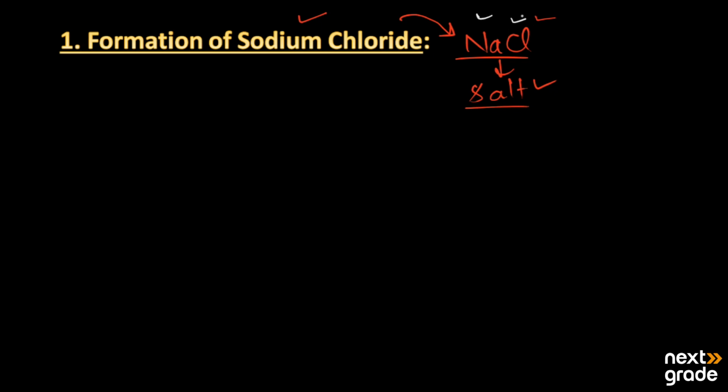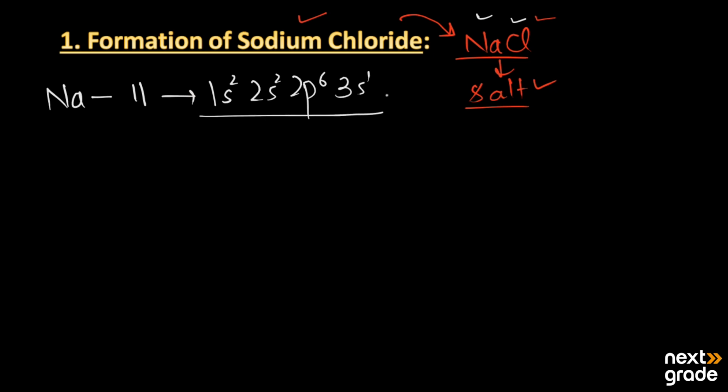Before the start, we must know the atomic number of sodium. Sodium's atomic number is 11. Its electronic configuration is 1s2, 2s2, 2p6 and 3s1.